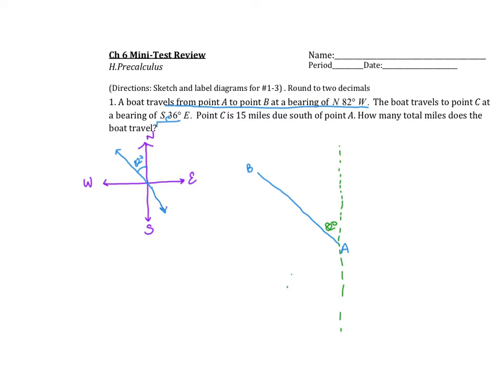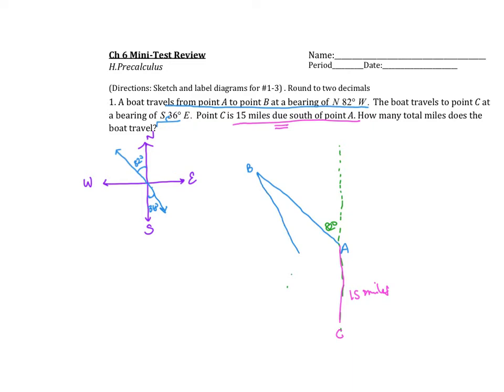Now we also know that C is 15 miles due south of point A. Due south means it's directly south of A, so we can draw the line to C here. Here is C, and that's 15 miles. Now we can connect the line. It moved south 36 degrees east, and again, 36 degrees is measured from that south line.